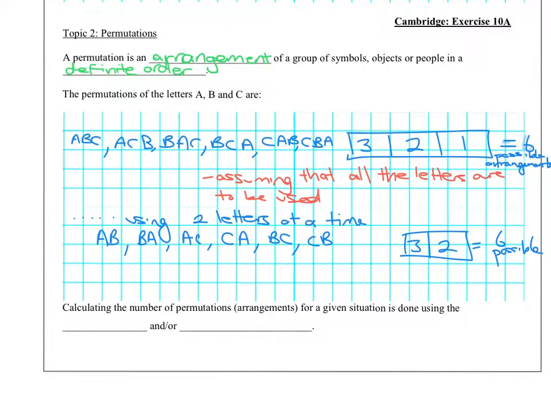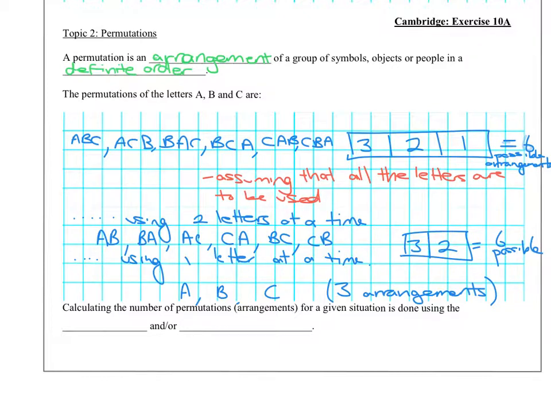What about if we only use 1 letter at a time? Well, obviously we're only allowed to use 1 letter, so it's either going to be A, B, or C. So there are 3 arrangements. We're just arranging these in a specific order.